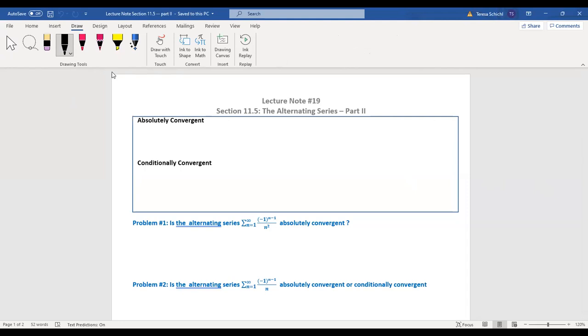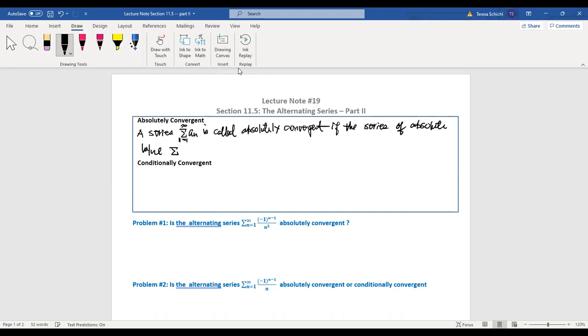A series, the summation of a_n for n from 1 to infinity, is called absolutely convergent if the series of the absolute value, if I take the absolute value of a_n for n from 1 to infinity, is convergent. Okay, so then we call this absolutely convergent.